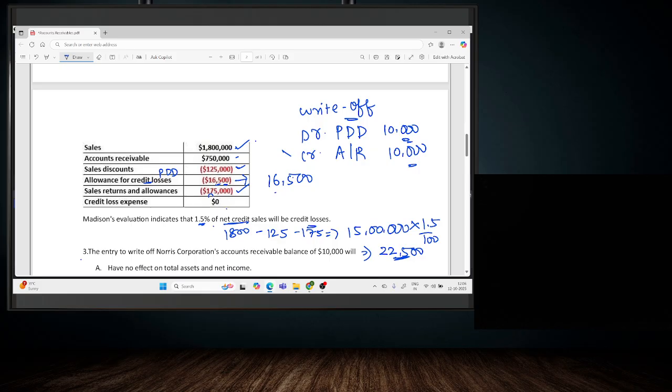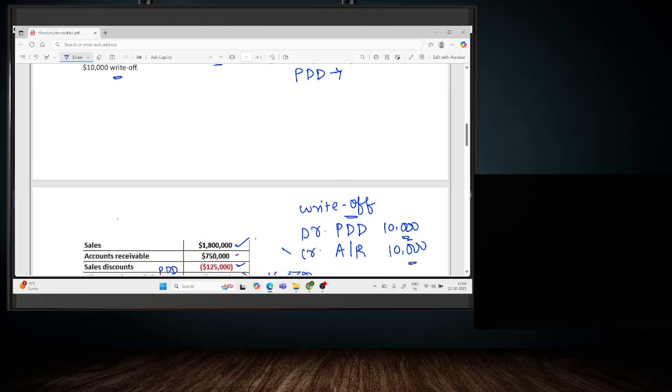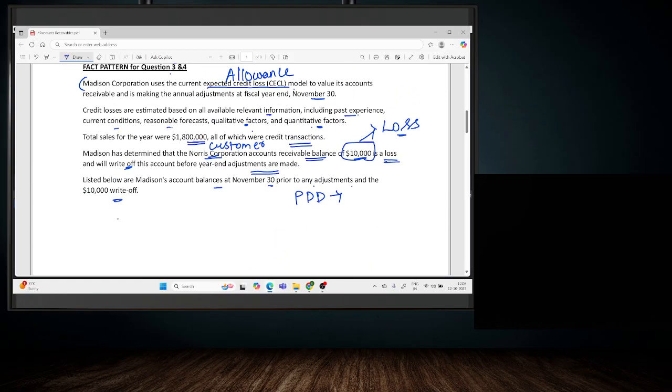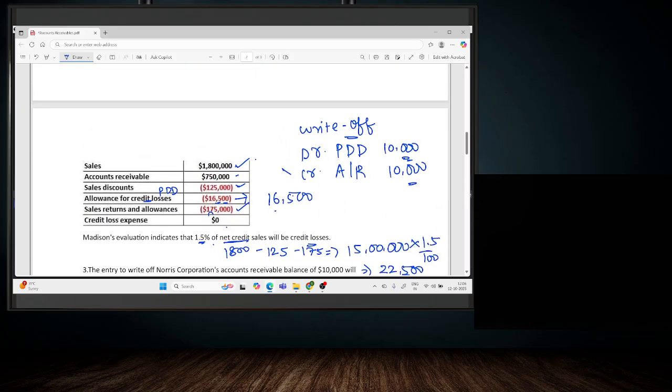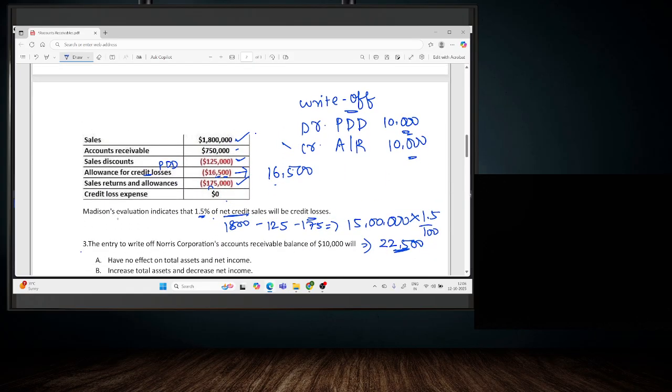But the question clearly says this 10,000 rupees is a loss and we will write off this account before year-end adjustments are made. What is the year-end adjustment? The year-end adjustment is that the provision for doubtful debts should increase by 22,500. But before adding this 22,500 to the provision for doubtful debts, this 10,000 will be written off.